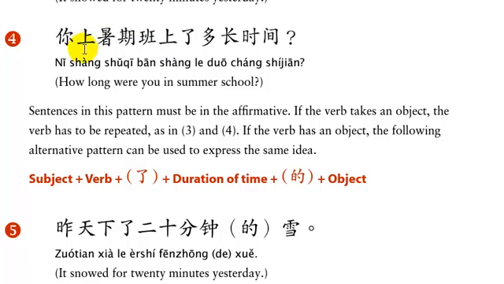So this is the 上, this is the verb. You attended the summer school class, attended 了 how much time? And we come up with how long were you in the summer school? 你上暑期班上了多长时间?